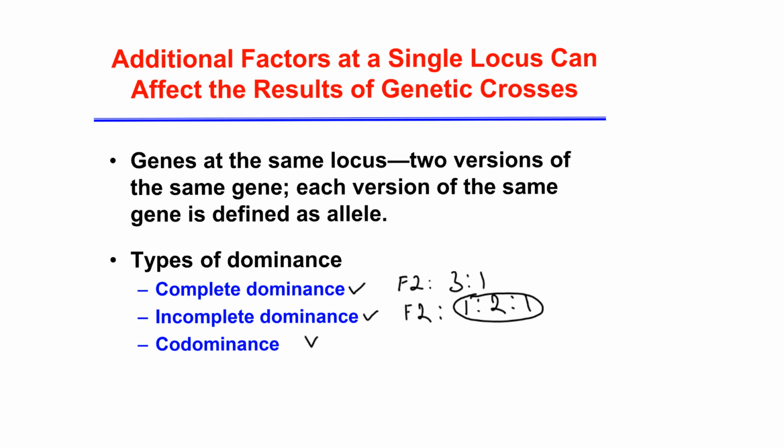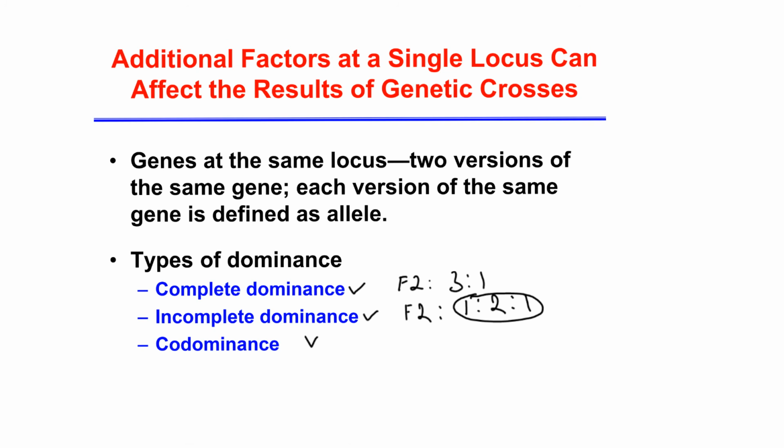In codominance, there is no dominant or recessive allele. The alleles are codominant. What does it mean? That heterozygous would express both alleles. So basically, when we look at dominance, what we should emphasize here is that dominance is a result of interaction of alleles of the same gene, alleles on the same locus.